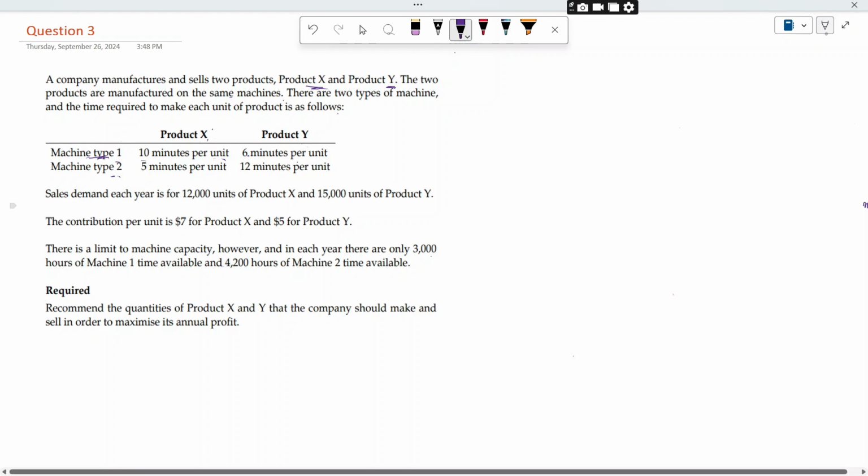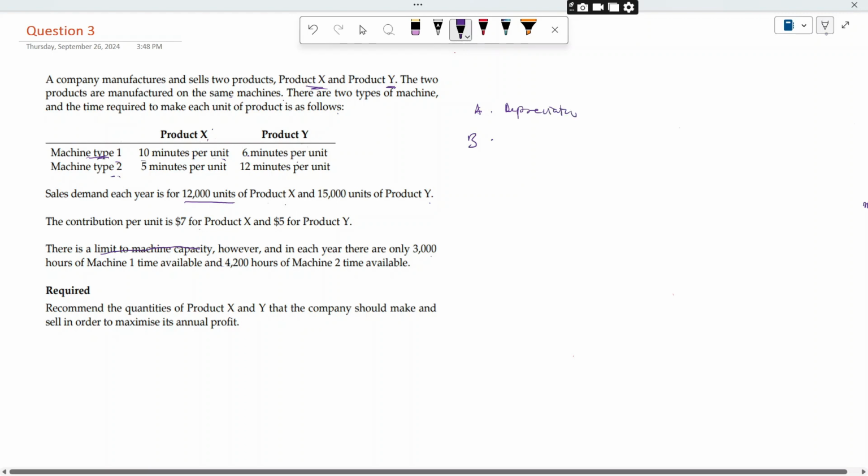Sales demand each year is for 12,000 units of product X and 15,000 units of product Y. The contribution per unit is $7 for product X and $5 for product Y. There's a limit to machine capacity. Now, let's say you have two types of machine, A and B. Machine A cannot be the same as B in terms of efficiency because of maybe depreciation.